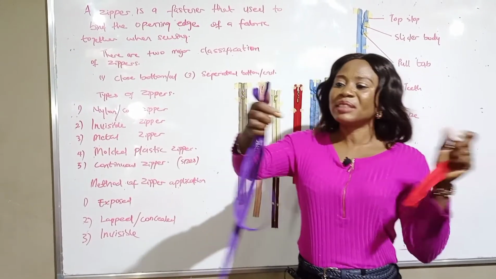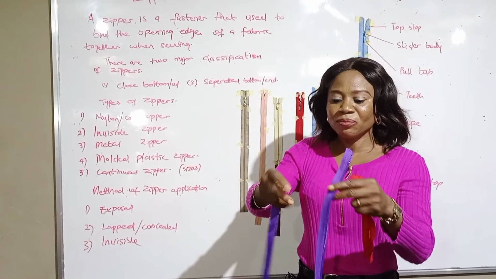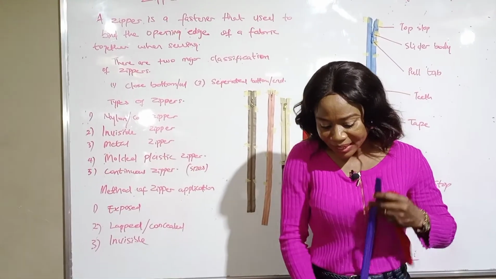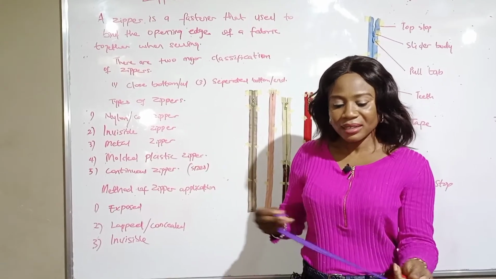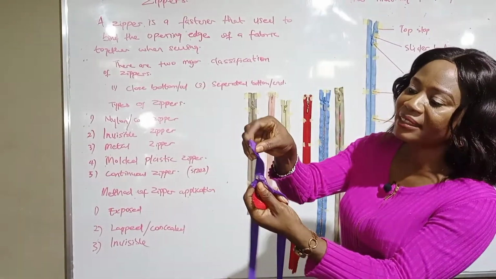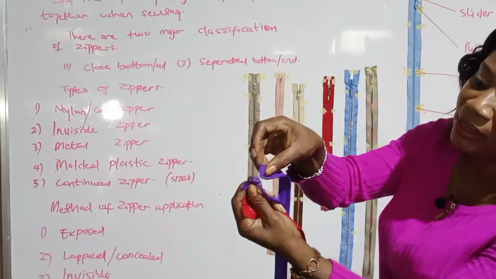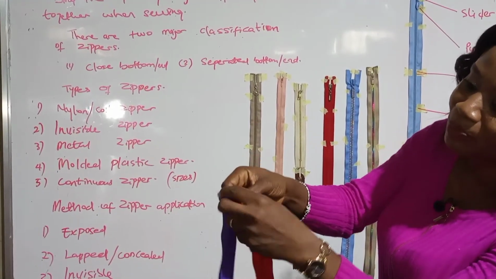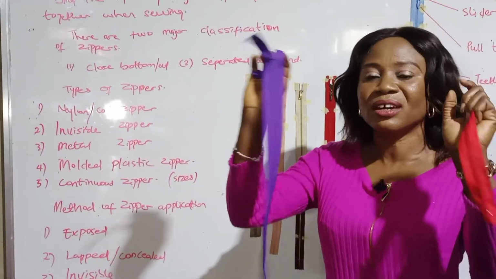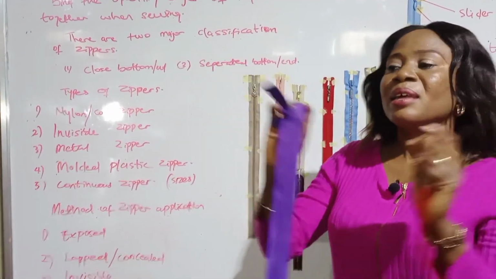The other type of zip has an open end, and by the time the two are separated, you can also easily fix it back at the base by slipping the iron edge into the zipper edge. Then you zip it up. So those are the two major classes of zips.